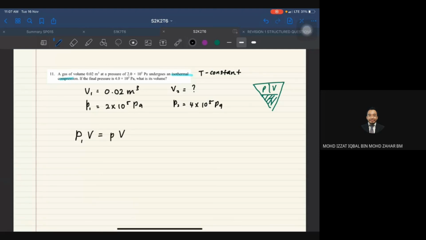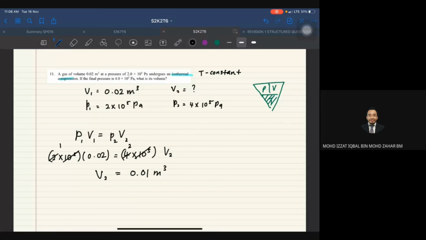So P1, V1, P2, V2. So you can straight away substitute all the numbers. 2 times 10 to the power 5, 0.02, 4 times 10 to the power 5, V2. Okay. Cancel out this one. V2 equals to 0.01 unit apa ni? Meter cube. Okay, any question?